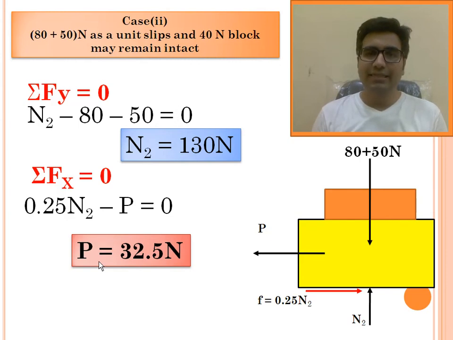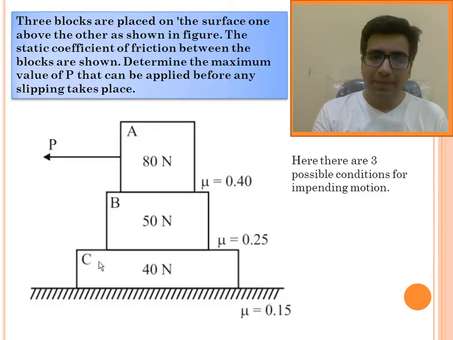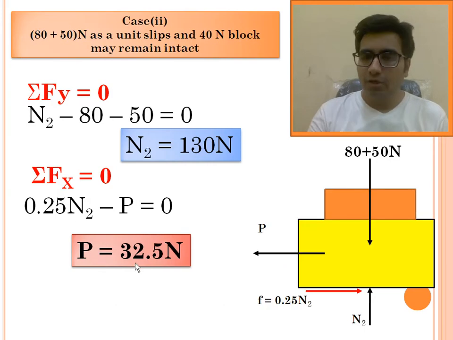Let's consider that the upper two blocks, the upper block of 80 Newton and the one of 50 Newton, move with respect to the lowest block. The coefficient of friction between B and C is given as 0.25. So B is going to experience a friction force mu times N. The total weight on the lower block is 80 plus 50.